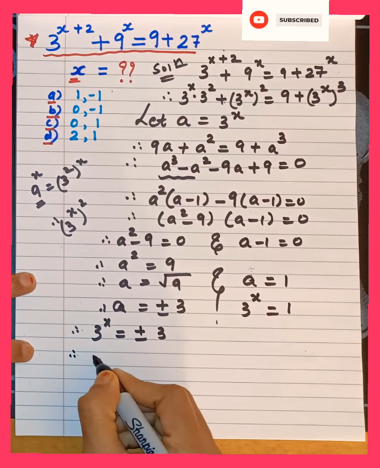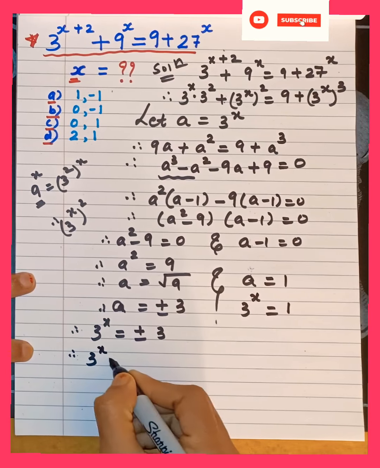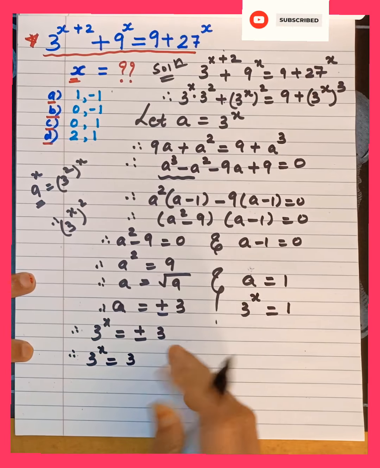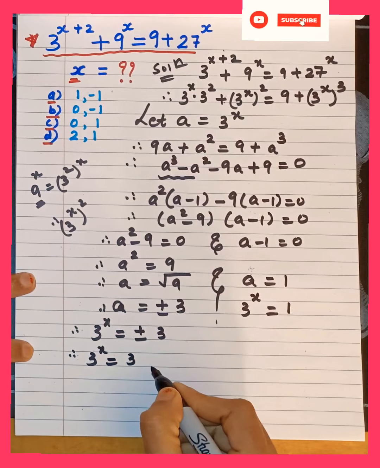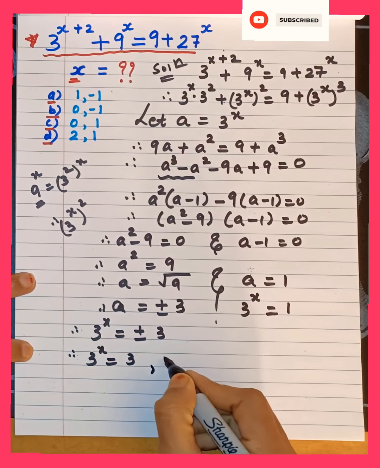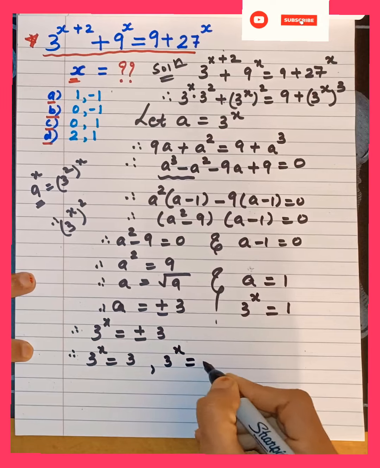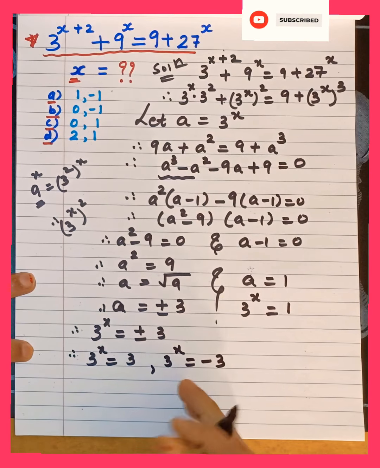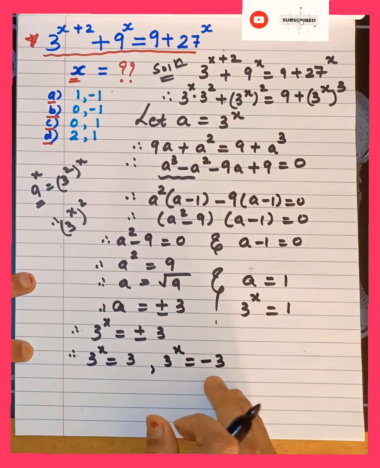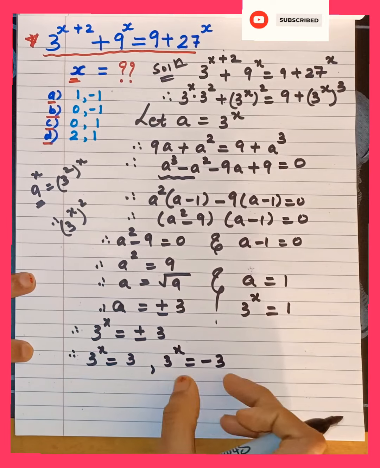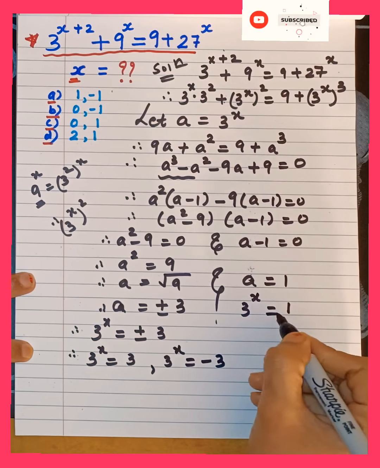So here I will get 3 raised to x equal to 3, taking positive 3, and another, 3 raised to x equal to minus 3, negative 3, because we have two values here. Now 3 raised to x equal to 1.